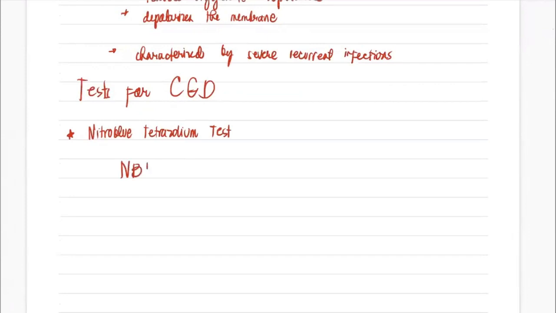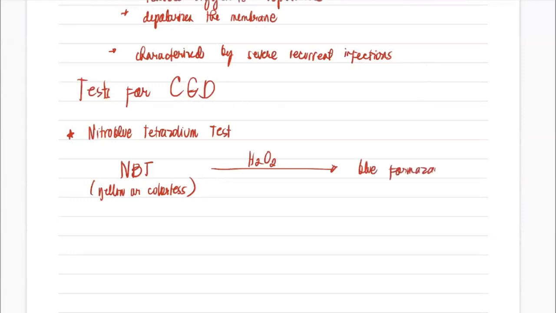Okay? Now, when NBT is reduced because of the production of H2O2, it forms a blue formazan dye.